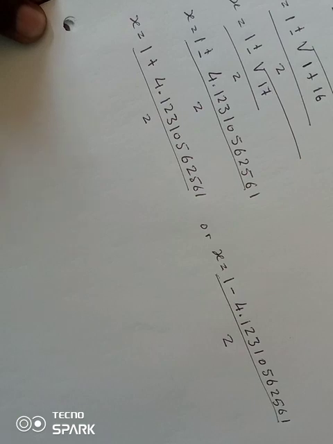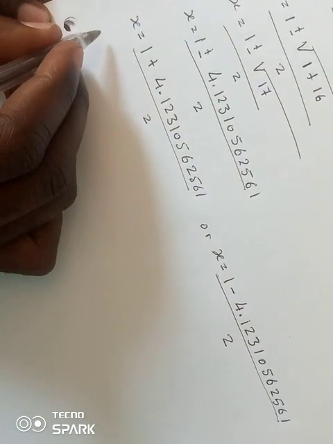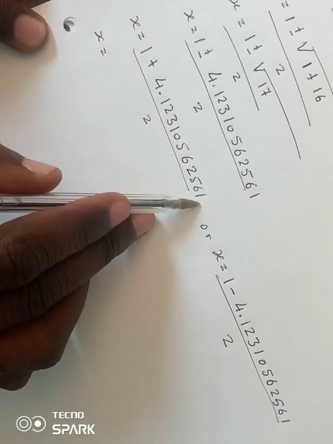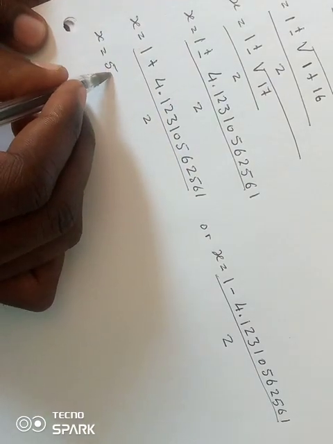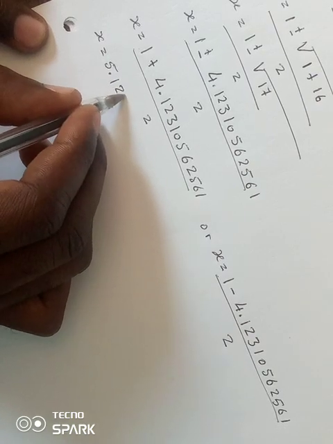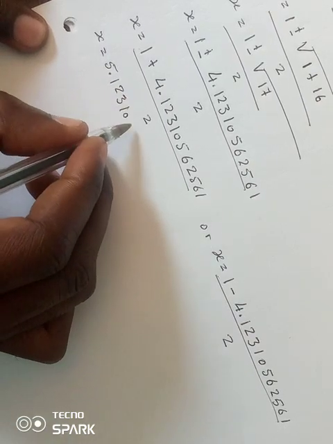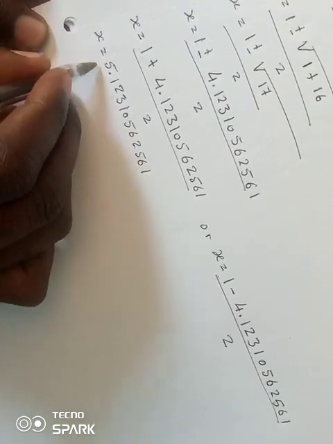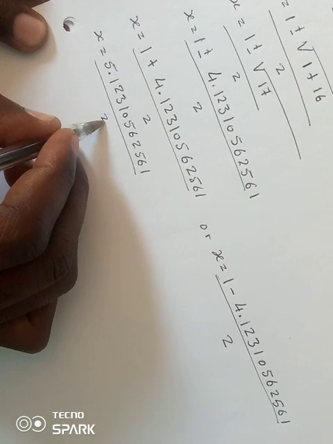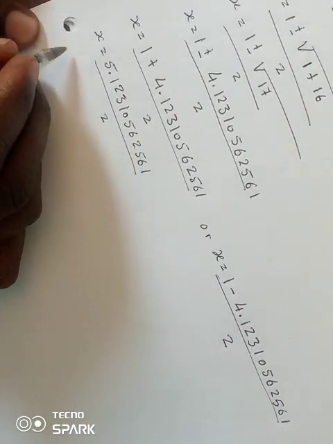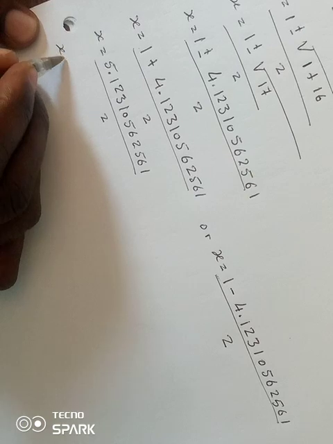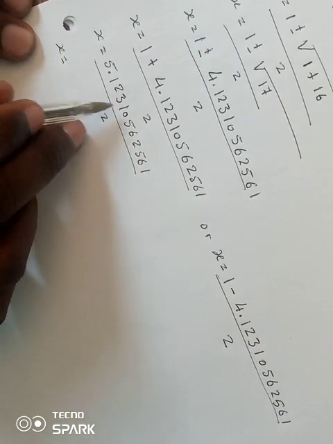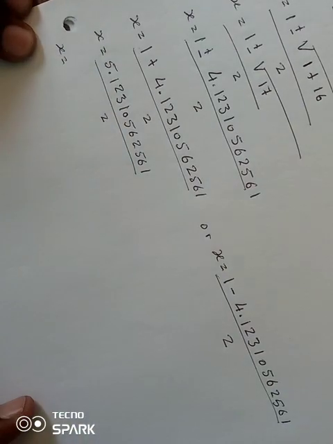Okay, so now we're going to add 1 plus this number, so it will give us 5.12310562561 over 2. So let's try to finish this one first. So x will be, divide 2 into 5 point that number on top.